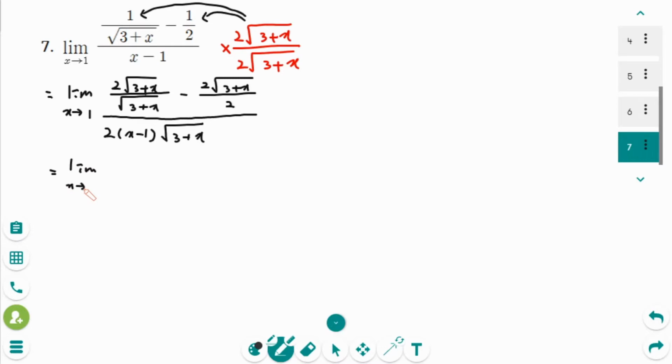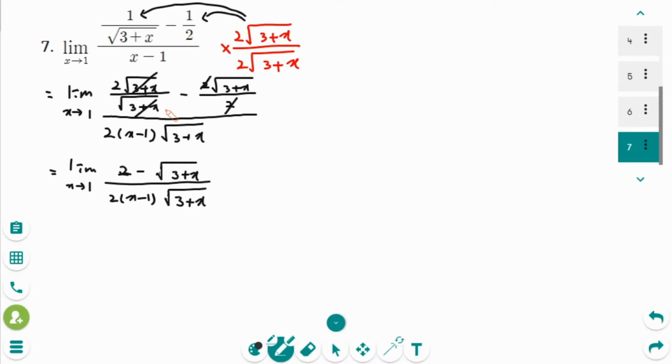And then simplify, cancel, 2 minus square root of 3 plus x over 2 times x minus 1 times square root of 3 plus x.